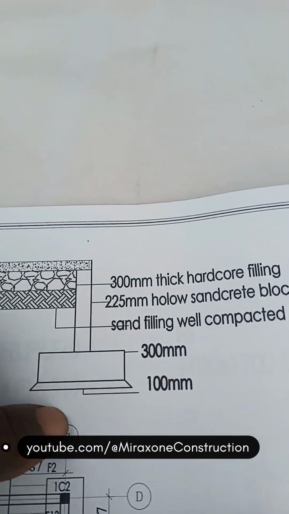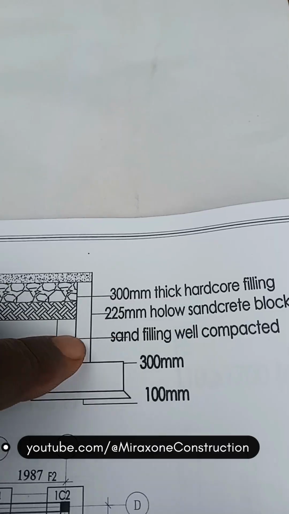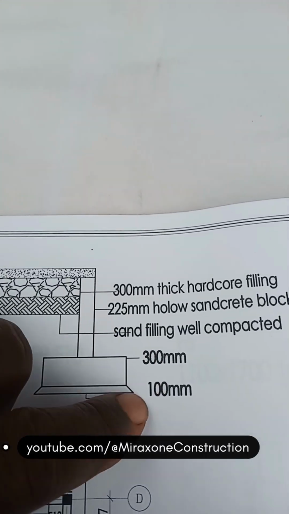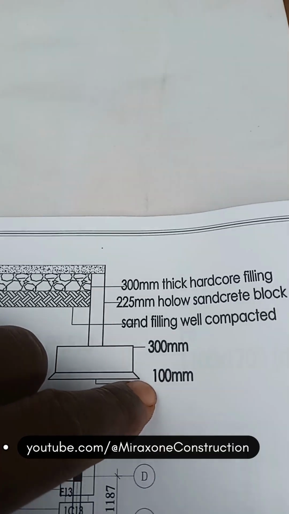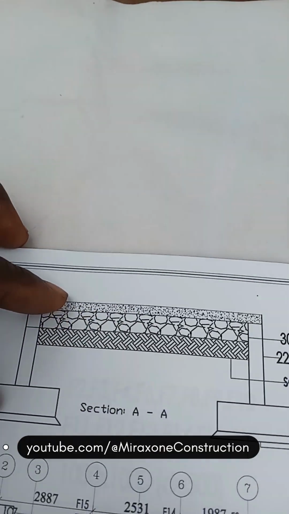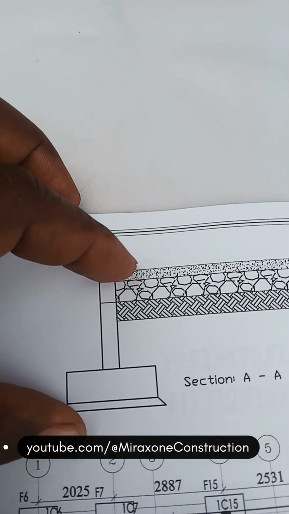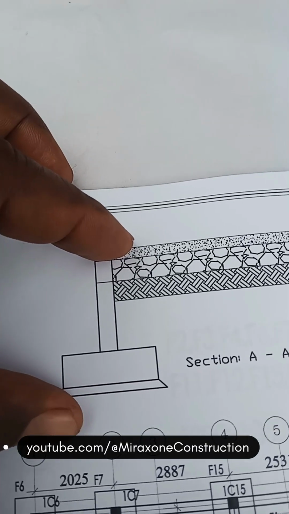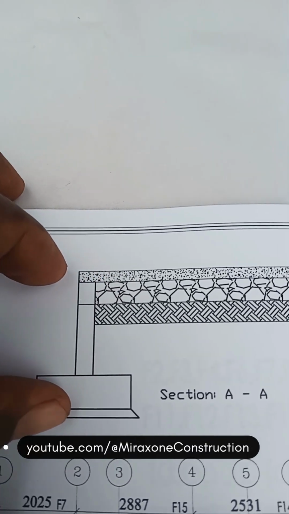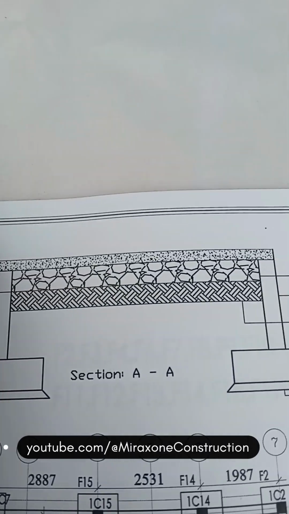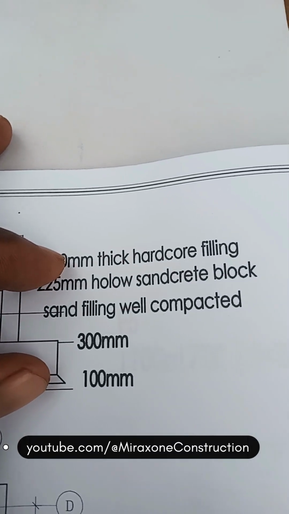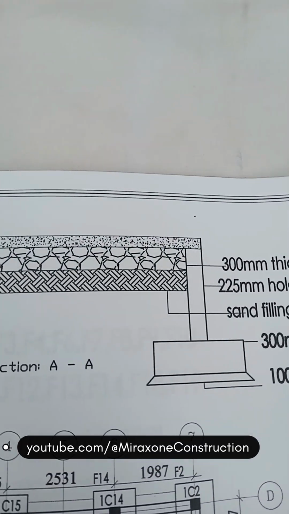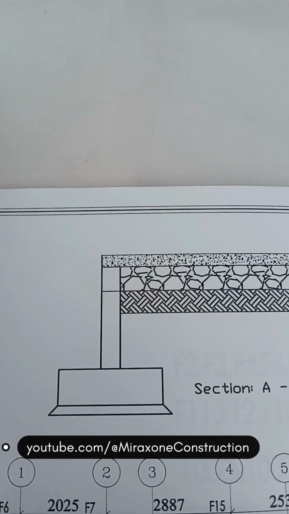The type of foundation you are going to witness here, where this column will be placed, is what is known as pad foundation. Then the foundation area that block work will pass through will be referred to as strip foundation. Do you understand me? Please, I want you to note the difference. This is a cross section of a building foundation, or an apartment.